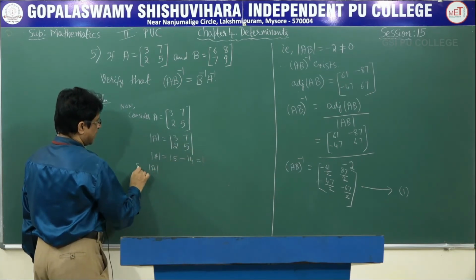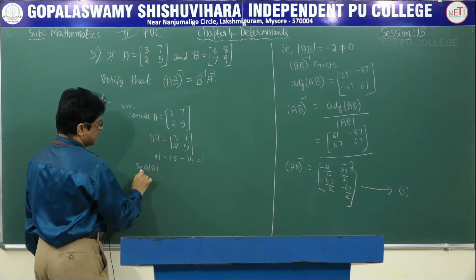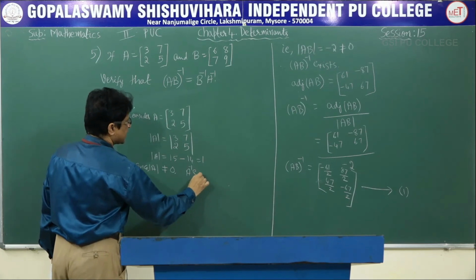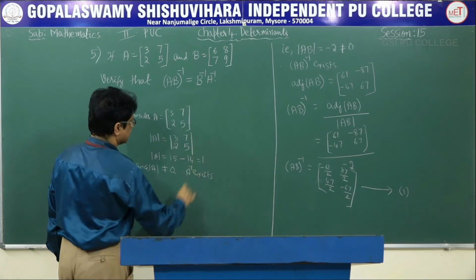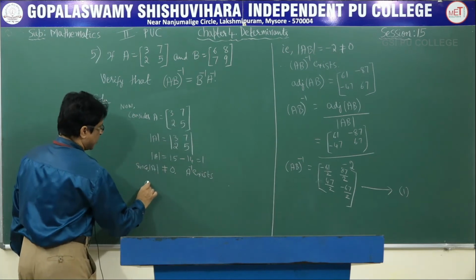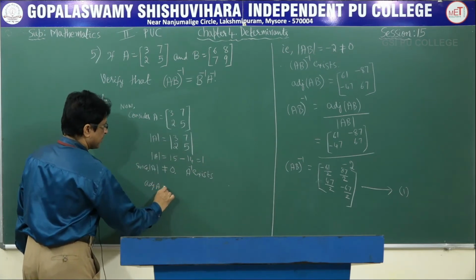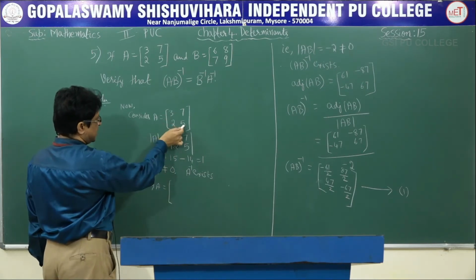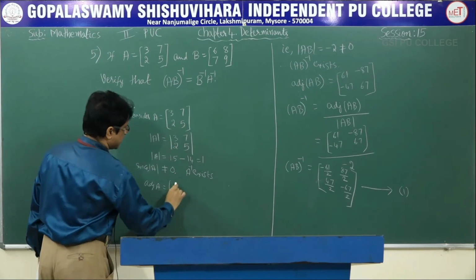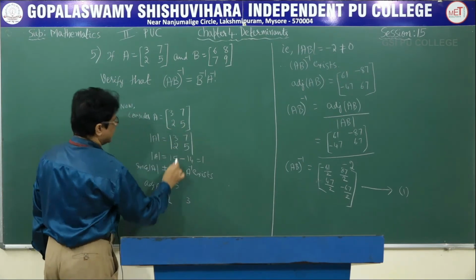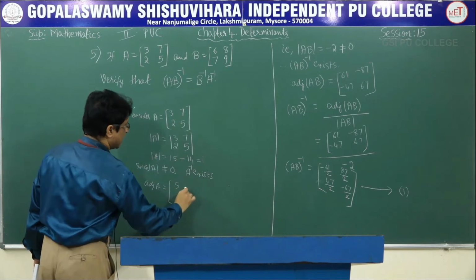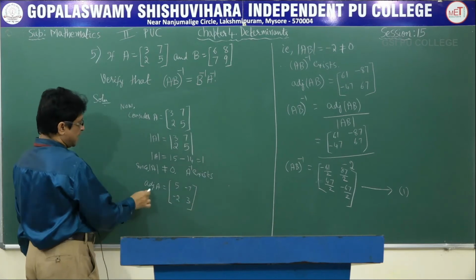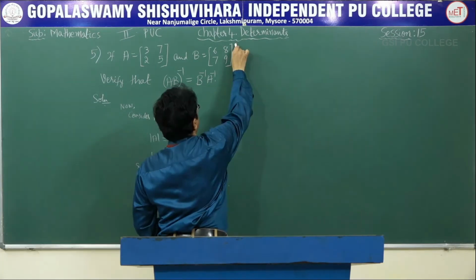Since determinant of A is not equal to 0, A inverse exists. So, let us find adjoint A. Adjoint A is nothing but interchange the diagonal elements 5, 3 and change the sign of the other diagonal, minus 7, minus 2. This is the adjoint of the given matrix.